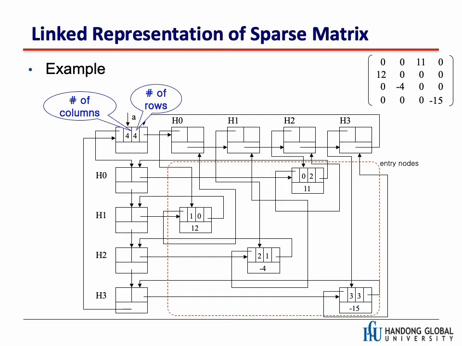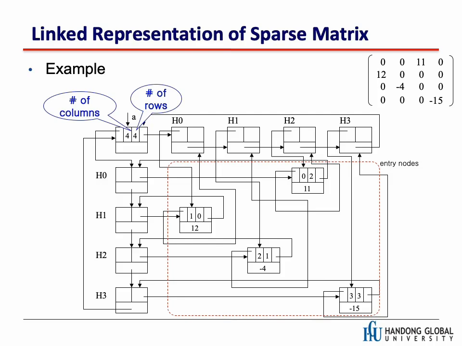If we had another non-zero element in this column, the 12 node would point to that. But in this case we don't have anything, so the down pointer of 12 points back to H0. So we have one linked list here.